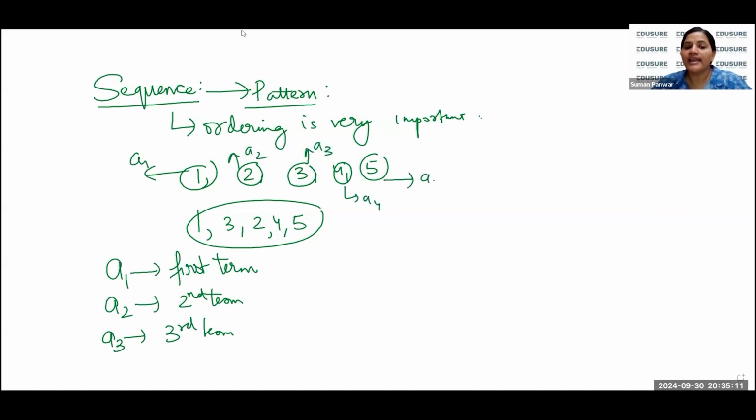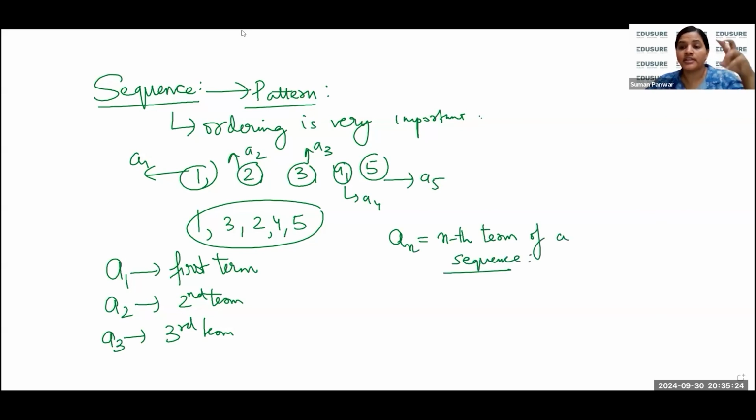So we call AN the nth term of a sequence. The element sitting at the nth place is called AN, the nth term of a sequence. Many a time the most important task is to identify how the nth term looks.